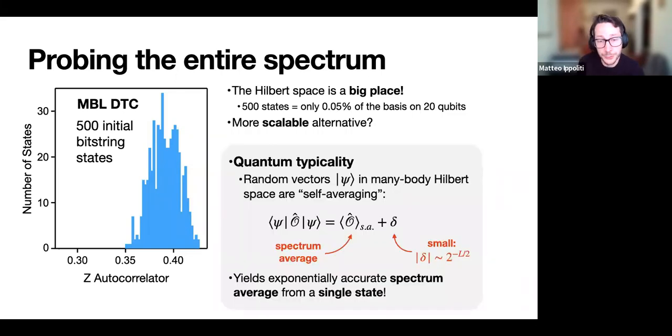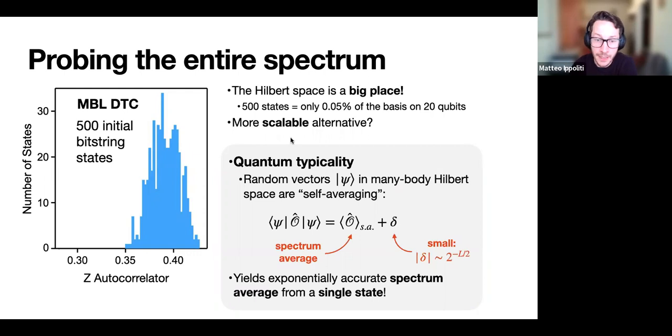And the idea that we're going to use is based on the concept of quantum typicality, which is that random vectors in the many-body Hilbert space are, in a specific sense, self-averaging. So each one of them somehow captures the average behavior of the entire Hilbert space.